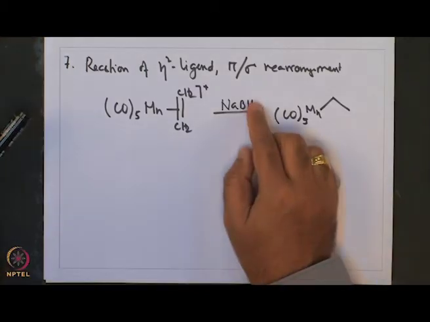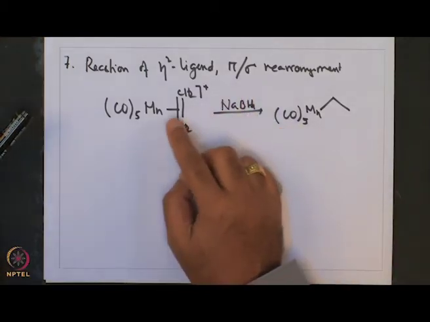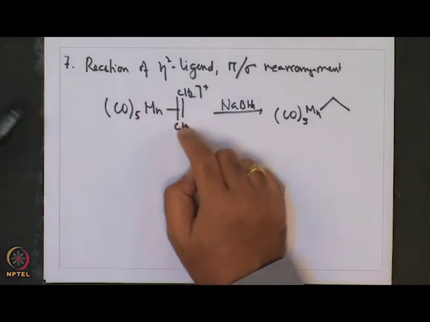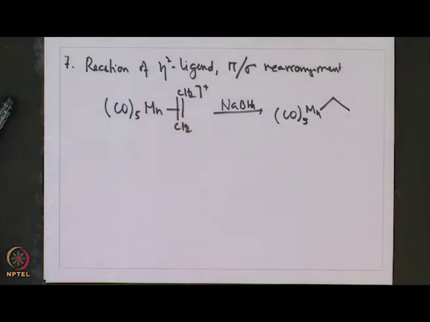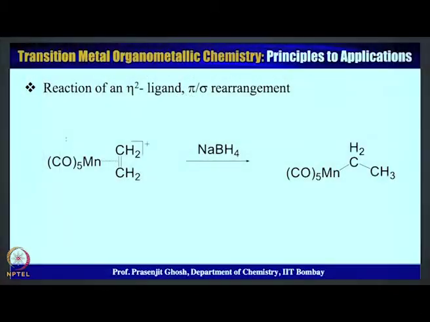So, here the borohydride donates a hydride and the olefinic moiety gets reduced to an ethyl moiety. So, with this we come to the end of various preparative methods required for preparing sigma alkyl transition metal complexes.